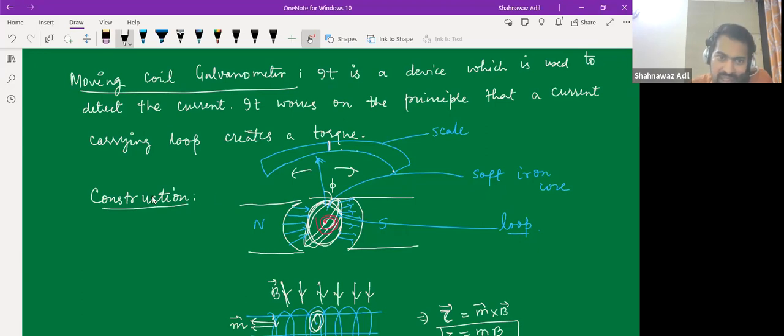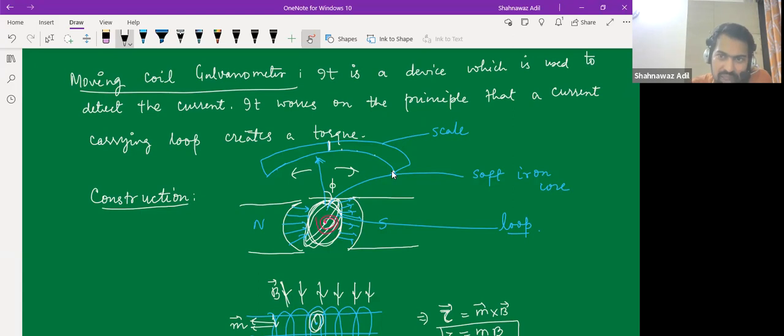So the galvanometer will always show this much deflection. After 10 microampere, it will always be here. So it cannot differentiate between 10 microampere or 50 microampere and so on. Is this clear, guys?